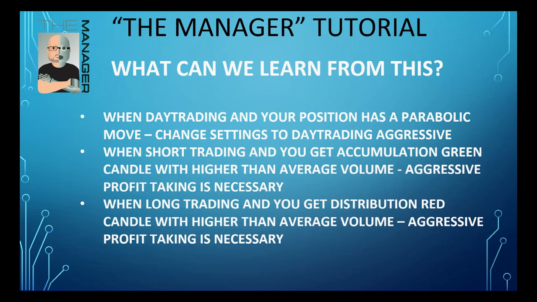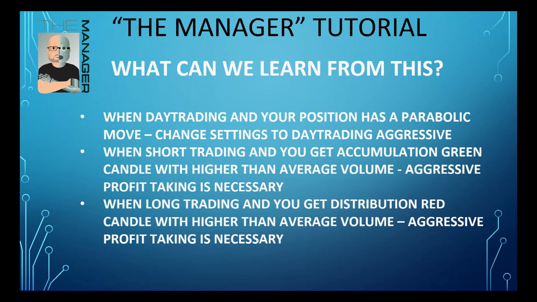So when you're long trading, it is the opposite way round. You get that red distribution candle with higher than average volume, that cyan dot above, aggressive profit taking is necessary again. The good thing about this being on YouTube, guys, you can pause, you can go back, you can go through those explanations again.